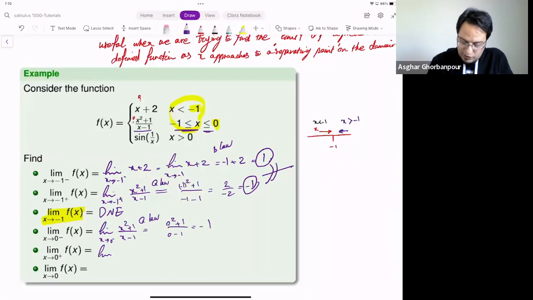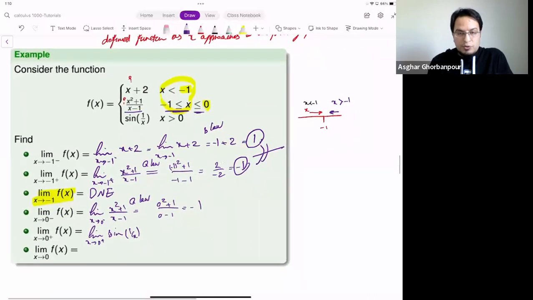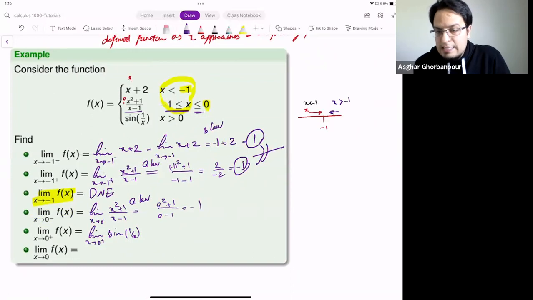And as we go from the right, the formula for this function is sine of 1 over x. Now we have to see if the limit of sine of 1 over x as x approaches 0 from the right-hand side exists or not. Before I do that, Haseen has a question.